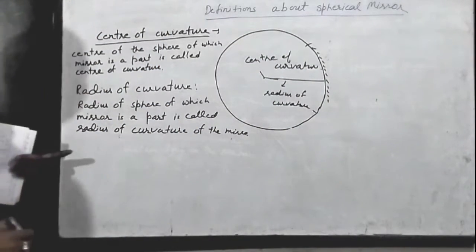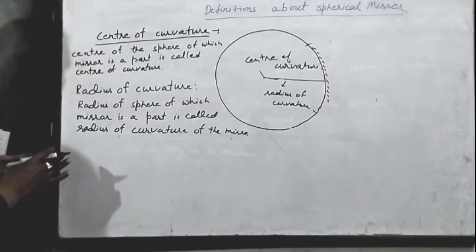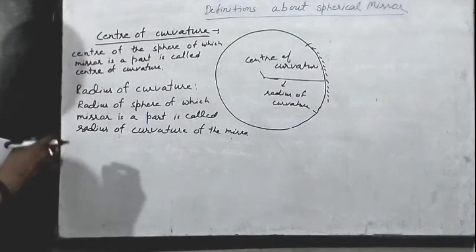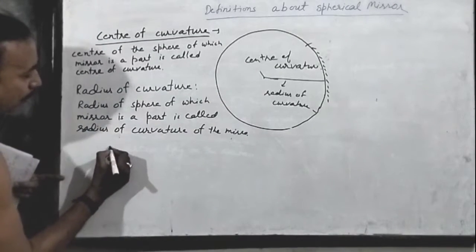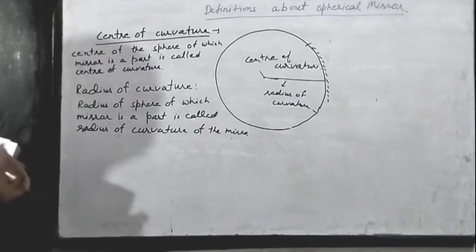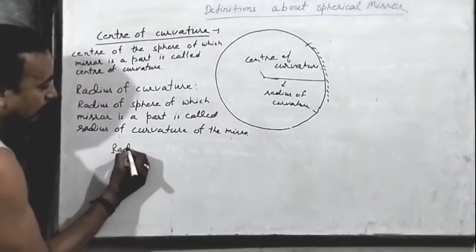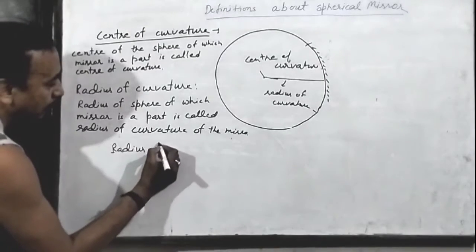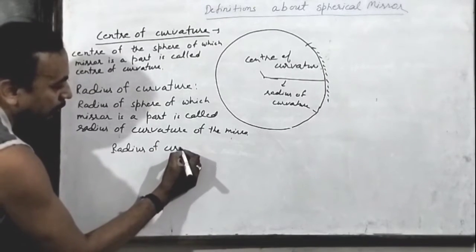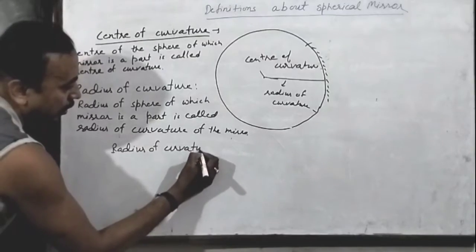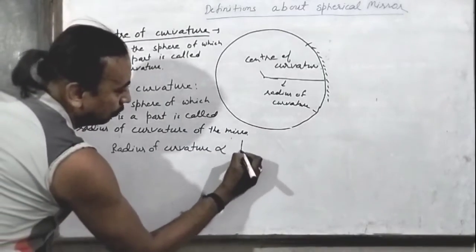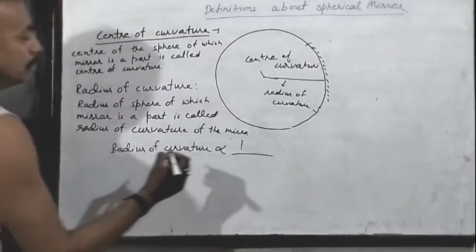Another thing is the relation between curvature and radius of curvature. Radius of curvature is inversely proportional to curvature.